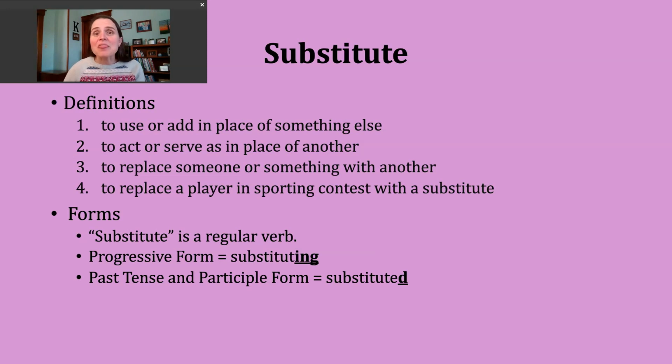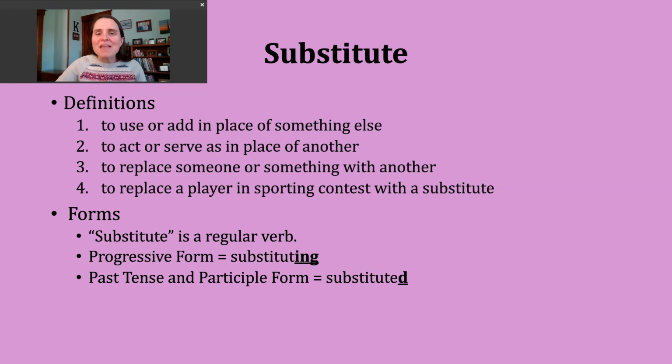This means that we're going to add an extra syllable to the verb when we form the past tense or the participle form. Okay? So we should pronounce the past tense form as substituted. Substituted. Okay? I hope you can hear that id sound on the end of the verb.